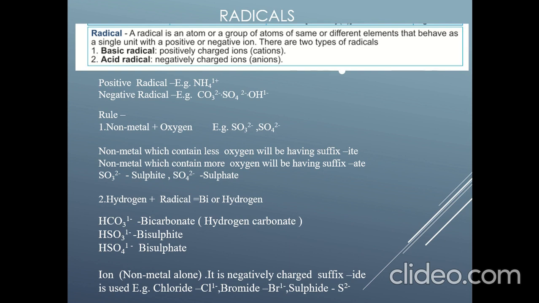HSO4- is bisulfate. Now in case of ions, if a non-metal alone is there, it is negatively charged and it has the suffix ide. For example, chloride Cl-, bromide Br-, sulfide S2-.